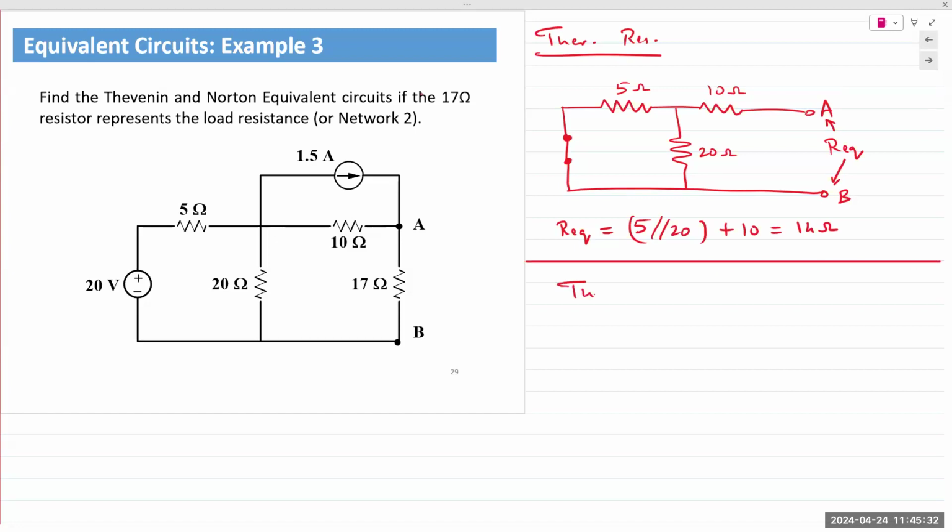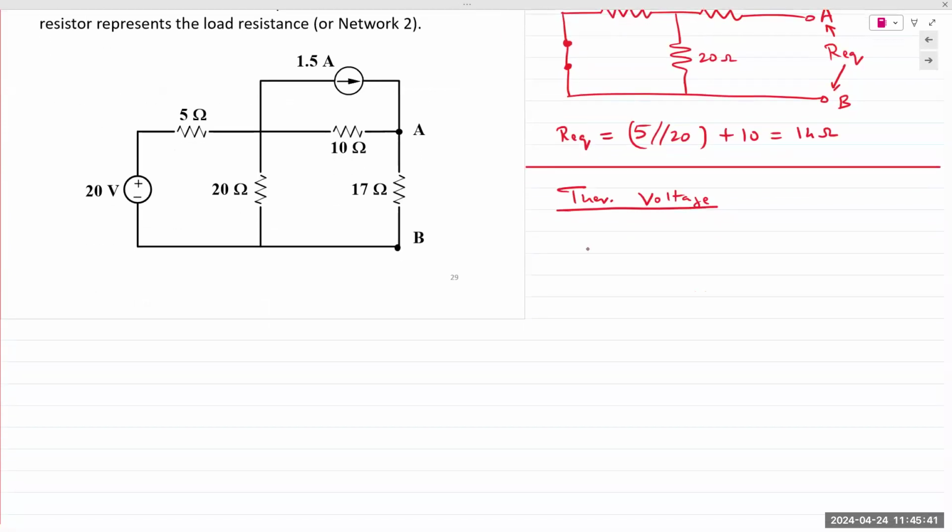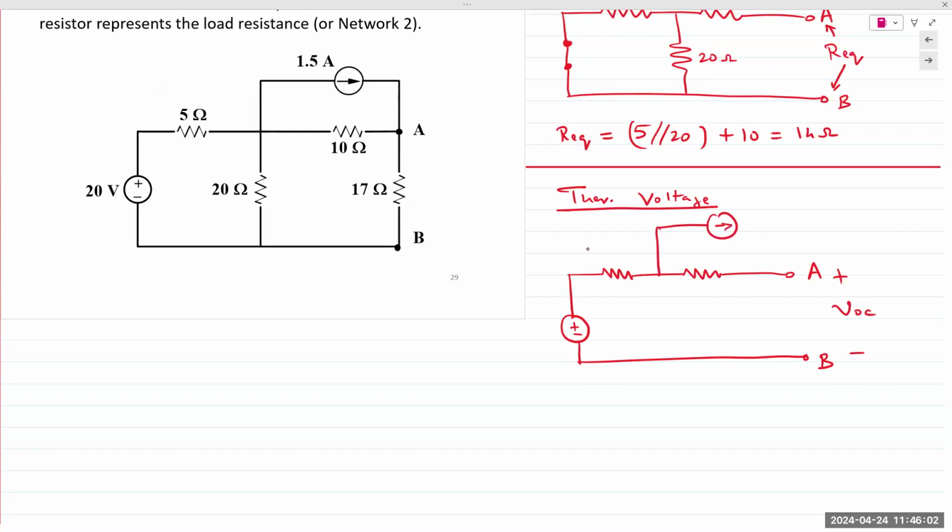Thevenin voltage. You draw the original circuit exactly the way it was with all the sources back in the circuit. Terminals A and B, plus and minus, and then an additional current source of 1.5 amps.